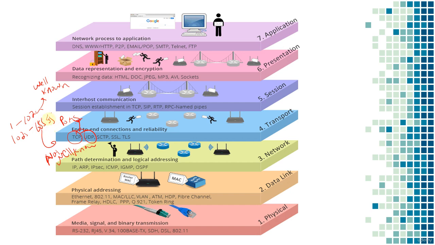Why do we need these ports? We will talk about it briefly in the next section, but just bear with me. In the transport layer, we will be talking about TCP and UDP along with the ports. Okay, so we have to send information from source to destination in a correct format.